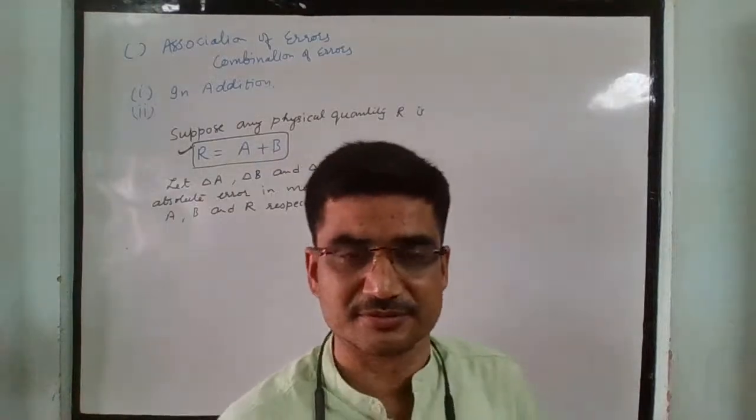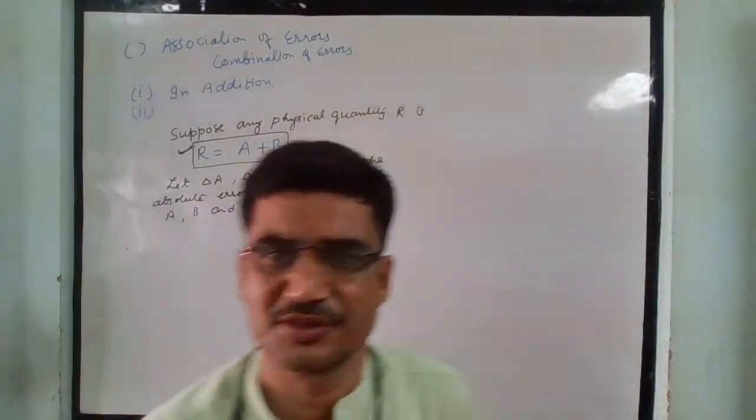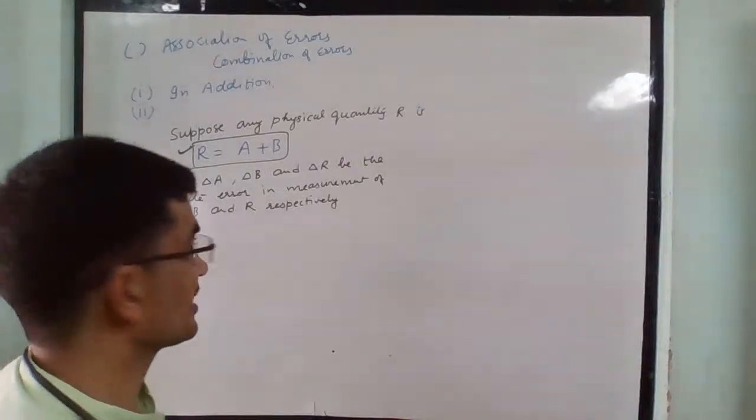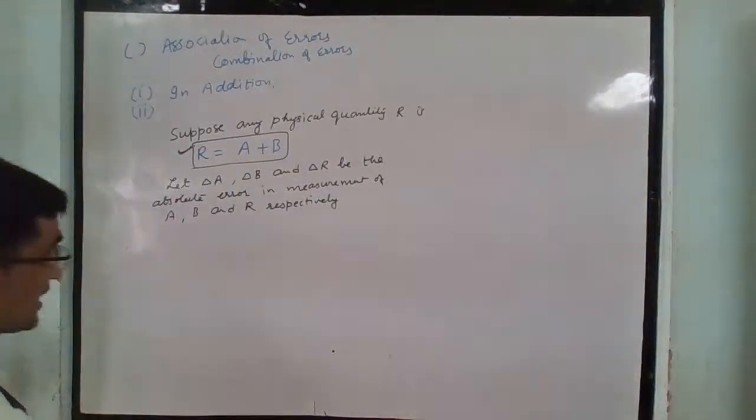Correct? So we have two physical quantities, and the third quantity we have obtained from their addition.